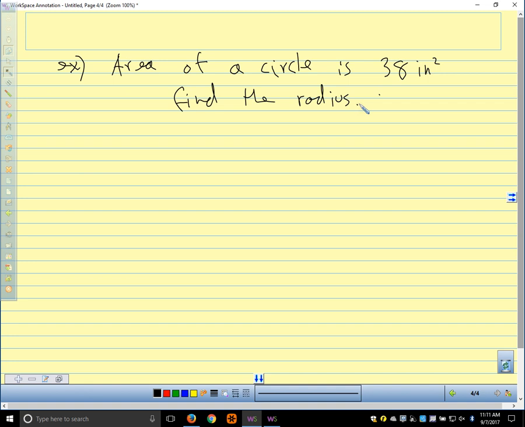So we know the area, we want to find the radius. Well, this is kind of like the last problem, but we're working in it the opposite direction. We know that the area is pi r squared. It tells us the area is 38 inches. And I'm solving this equation for r.